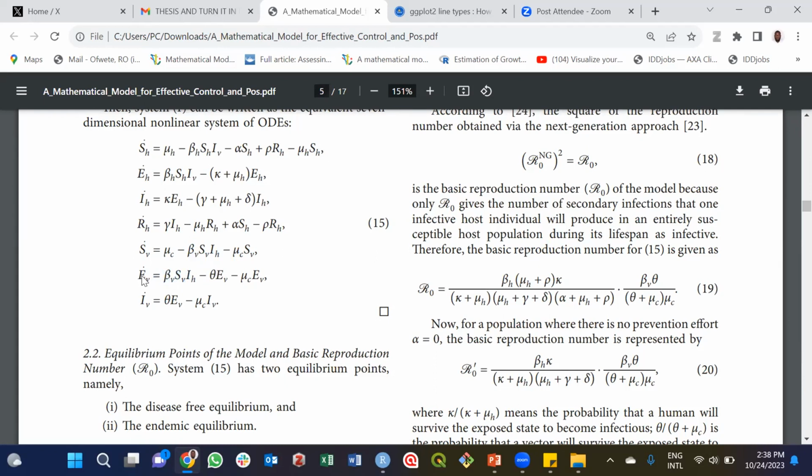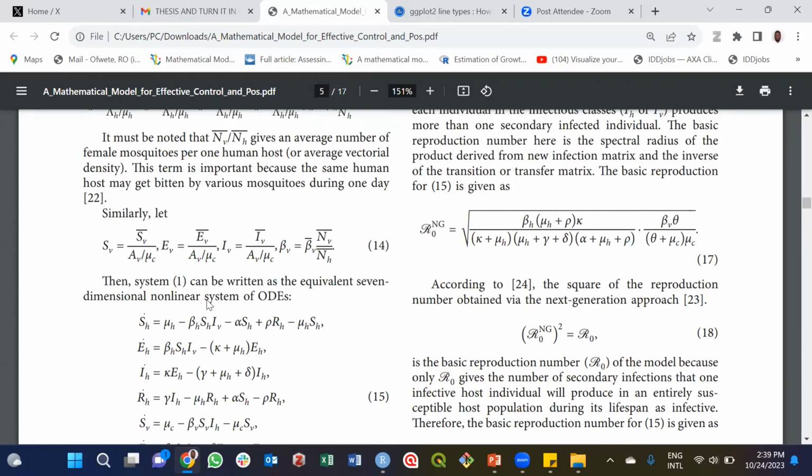Here they had exposed vector, which we didn't have, minus probably the infected now, they become infected vectors, and the background deaths. So the infected, when they leave here, because they've already been infected, they don't belong here anymore. They belong to the infected. They now go there. They can also die.